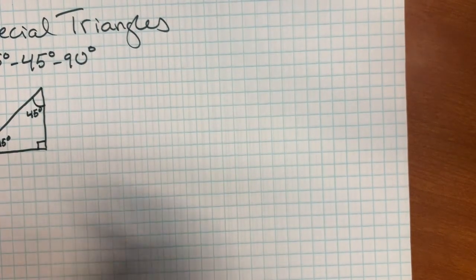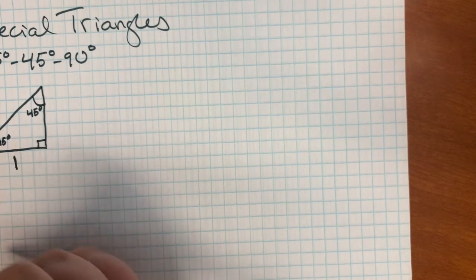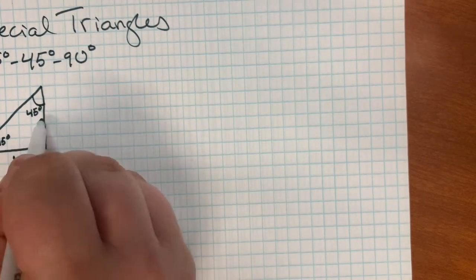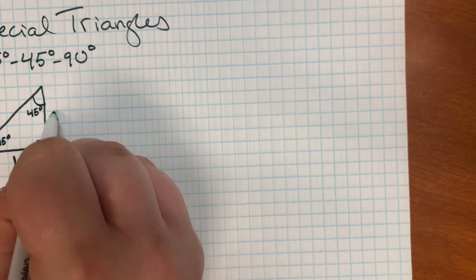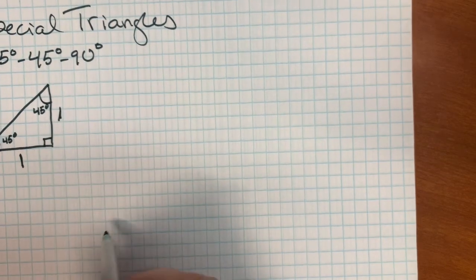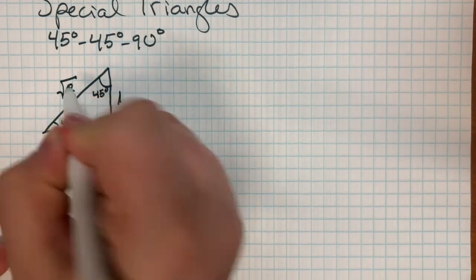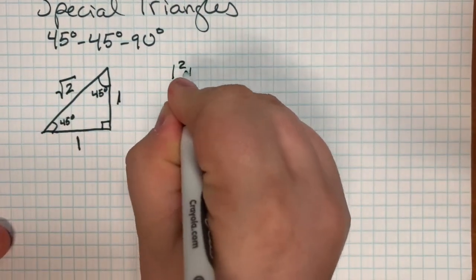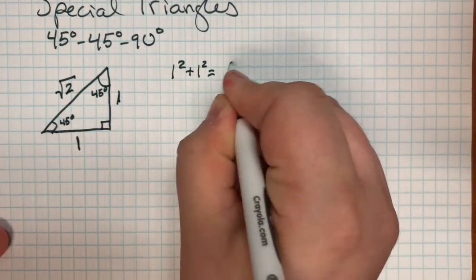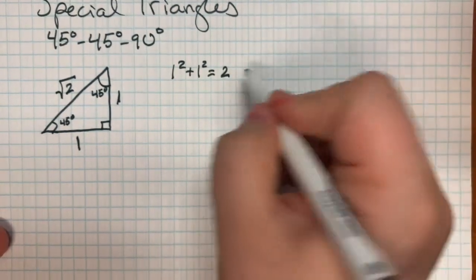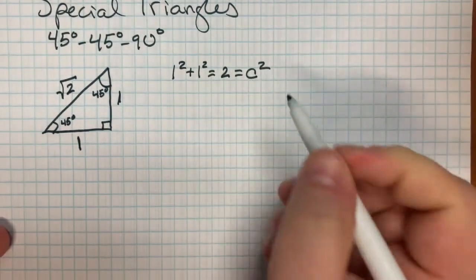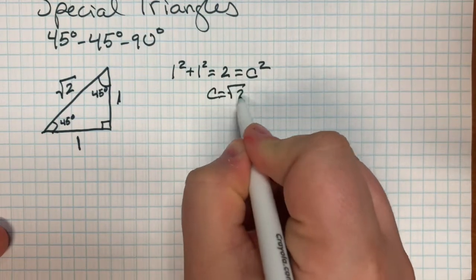If we make this side unit length 1, sides opposite congruent angles are congruent, so this one is also 1. 1, 1, and the length of the hypotenuse is the square root of 2, because 1 squared plus 1 squared is 2, and that equals c squared. C equals the square root of 2.